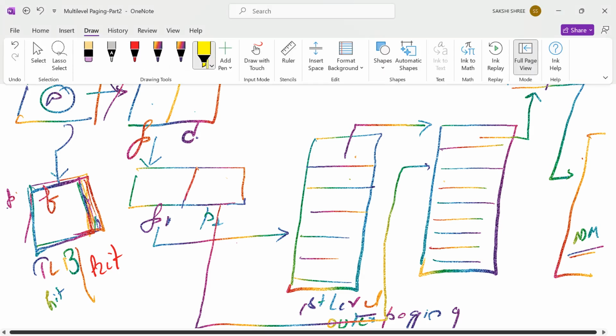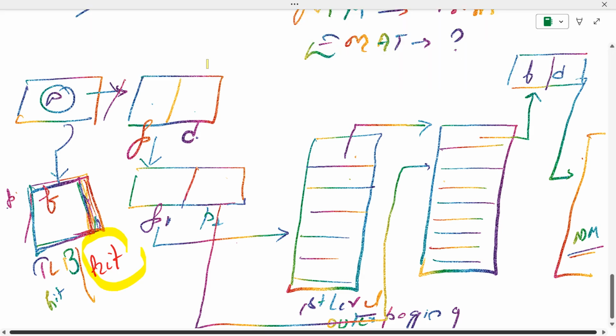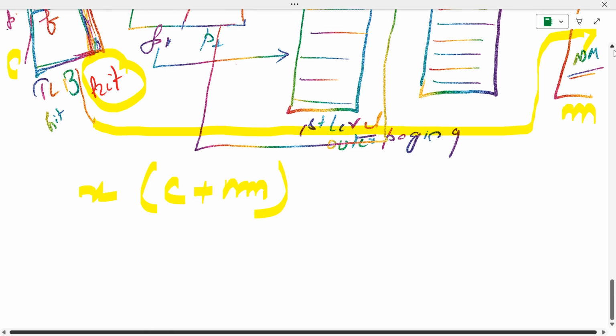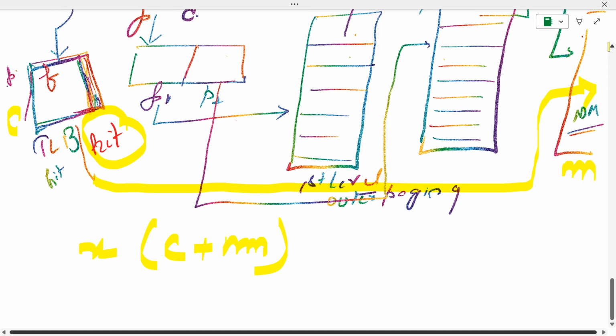It will directly go into the main memory and fetch this particular page, right? So accessing this takes c time and accessing this takes m time. So when it is a hit, let's say x is the hit ratio, it takes c plus m time only, because here we don't need to go through this whole step.